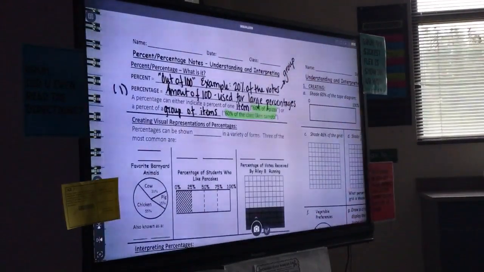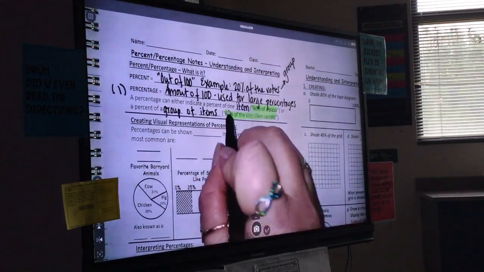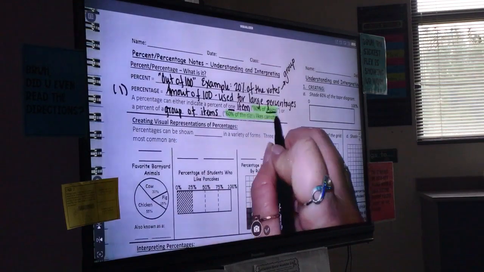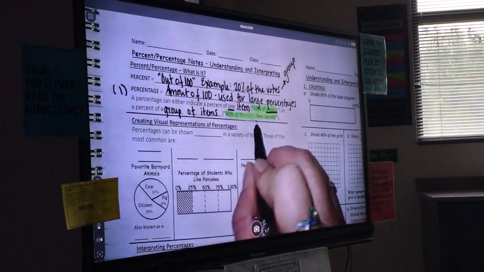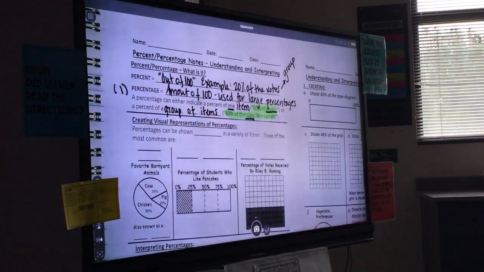So the percent is representing a group. The percentage is representing one big item. And in here, make sure you underline 1 and then a piece of pizza and then class, because it represents a group. Does that make sense?